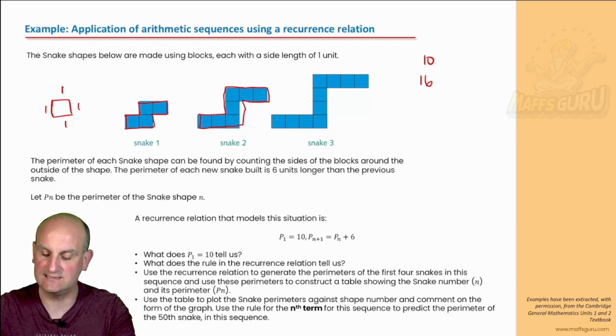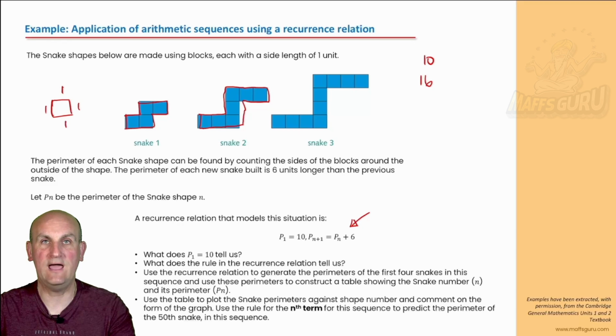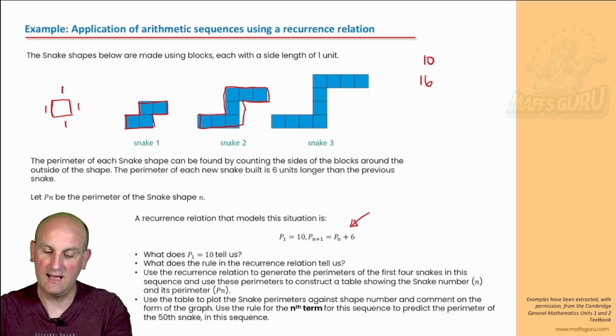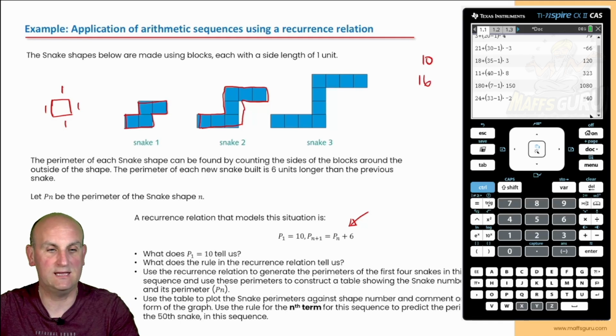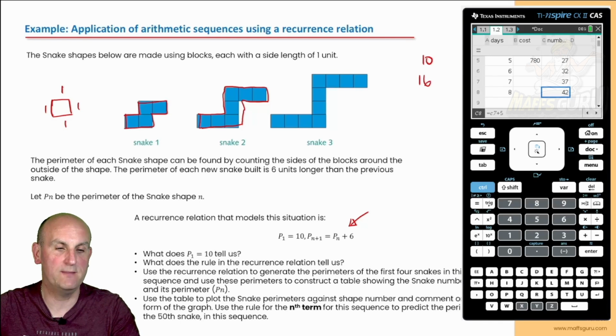Well, I suppose for every new shape, our perimeter is going up by 6. Second bit wrong. Use the recurrence relationship to generate the perimeter of the first 4 snakes. Right, we can do this. Let's fire up my calculator. I'm actually going to go back here.